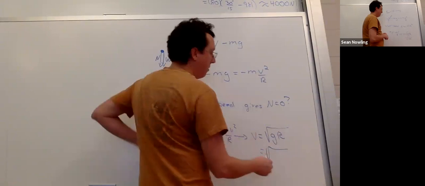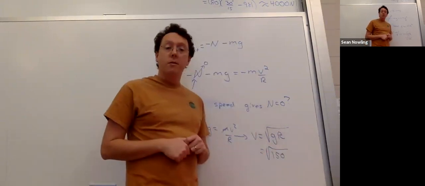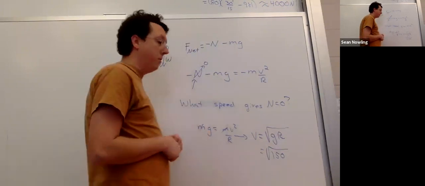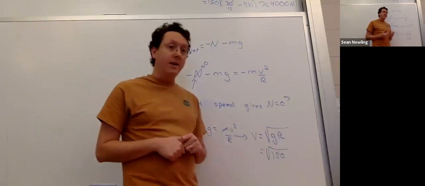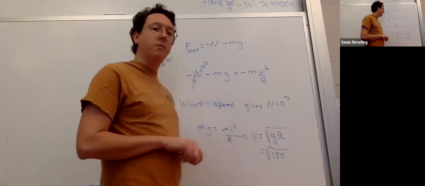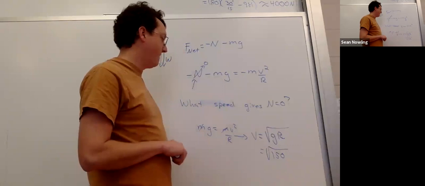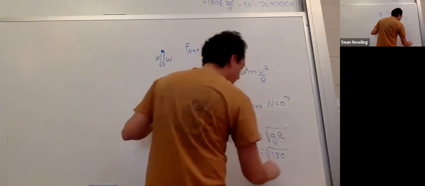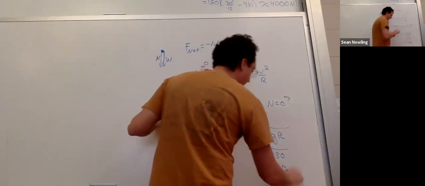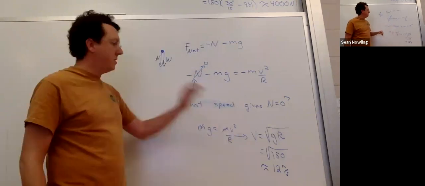And well, we know that 12 squared is 144, and we know that 13 squared is 169. So we're a lot closer to 12 squared. So I'm going to guess just a shade over 12 meters per second. So approximately 12 meters per second. Okay, so at least 2 digits, that should be good.